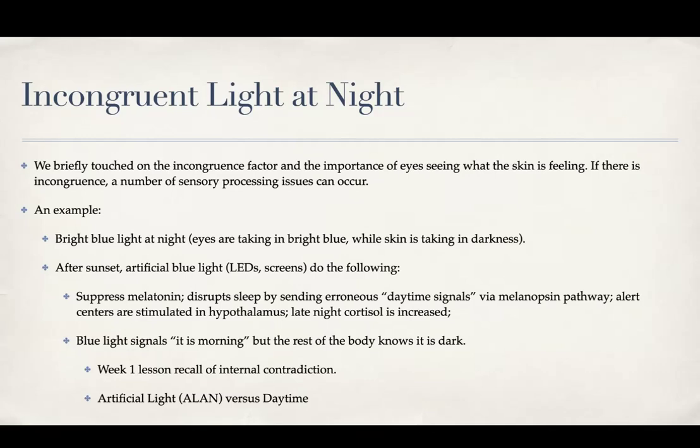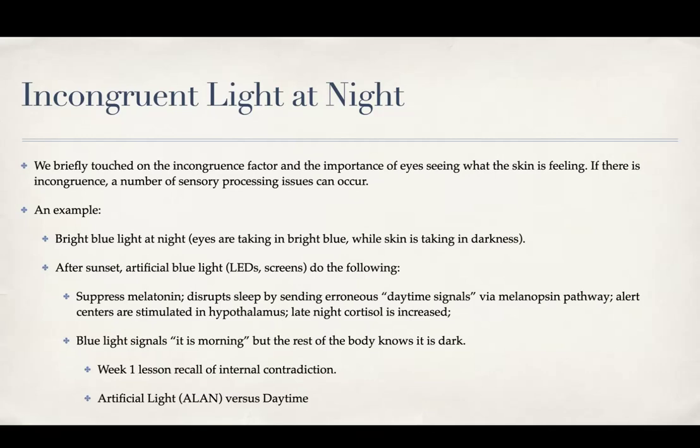Maybe that means you go for a walk around the block, and you're still able to think. But if you say no, I'm going to stay and push through this, you're actually going to have that stress response paradox where that cortisol, because it's not being used in the way the body wants to, is actually going to create more cortisol. So that's one of the things that happens when we have incongruent light, particularly at night.